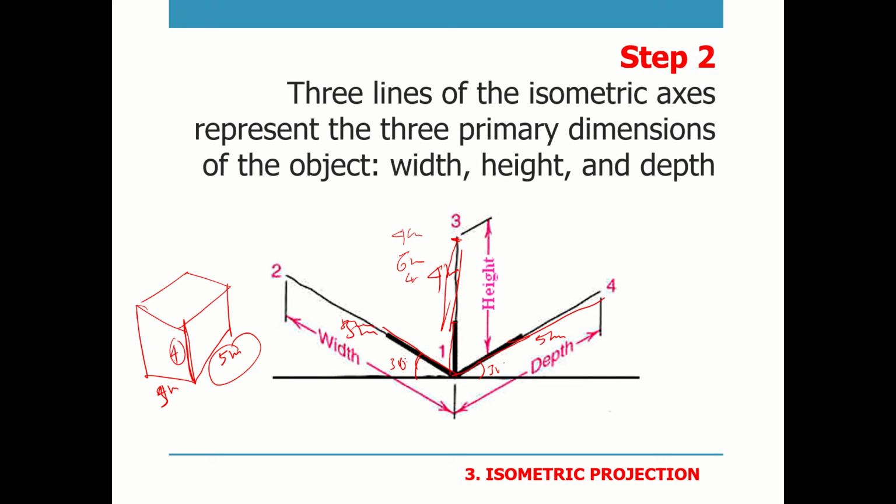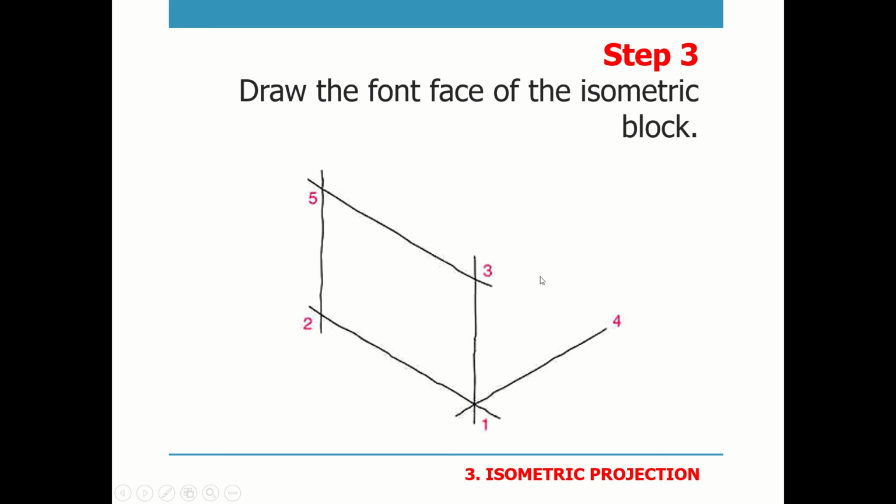Okay, so once 3 lines, these 3 lines are isometric lines representing 3 primary dimensions of an object: width, height and depth. That's what is mentioned here. Once you have done that, draw the front face of the isometric block and then complete it. So to begin again, let's first have that baseline drawn.